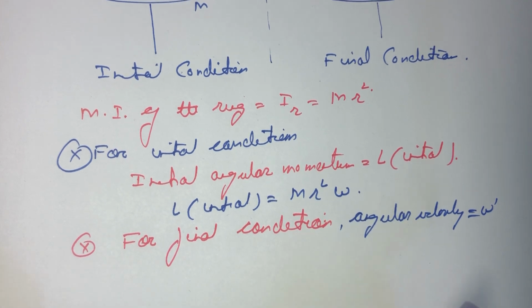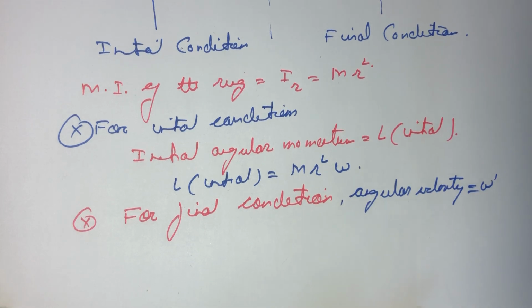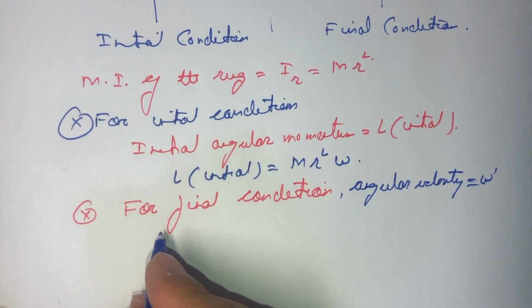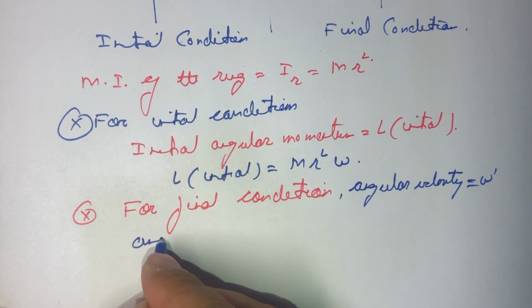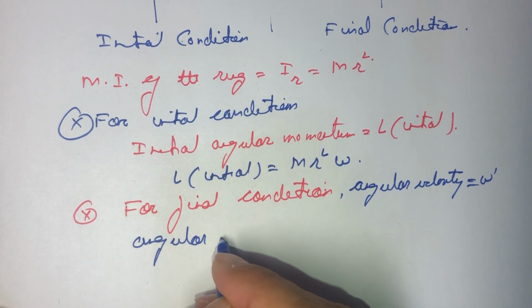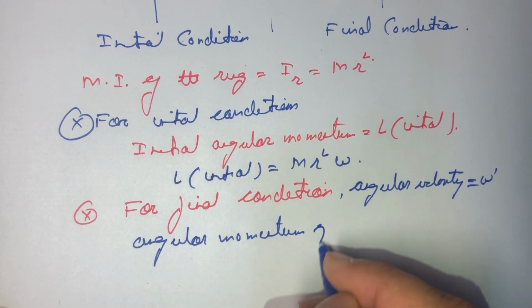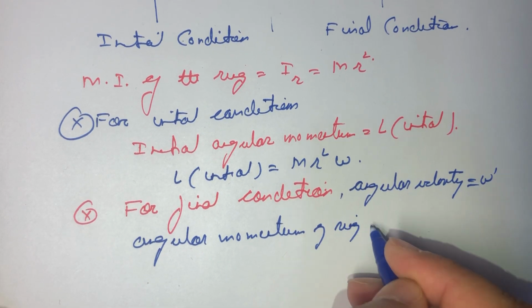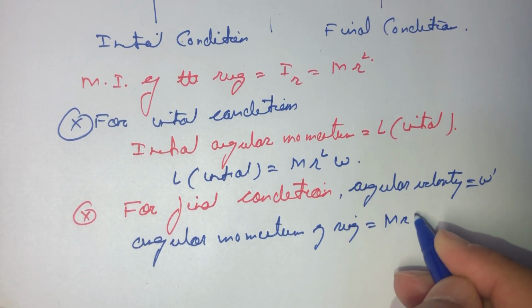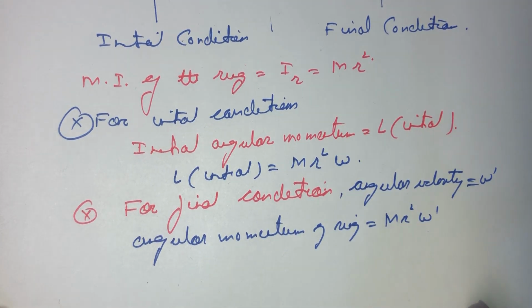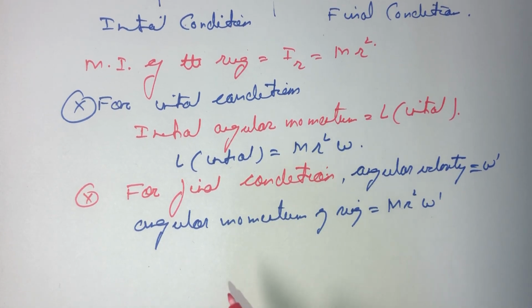Therefore, we can write that the angular momentum of the ring will be equal to M r square omega prime, and now we have two objects.